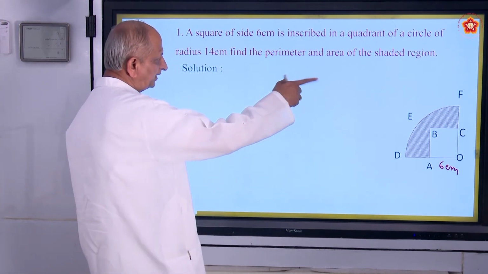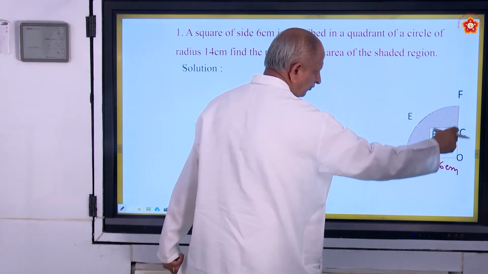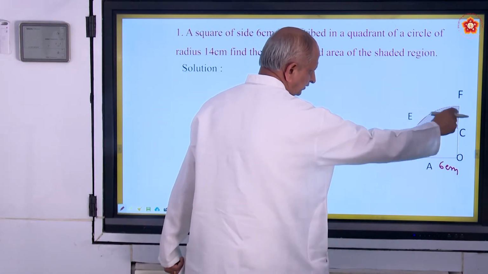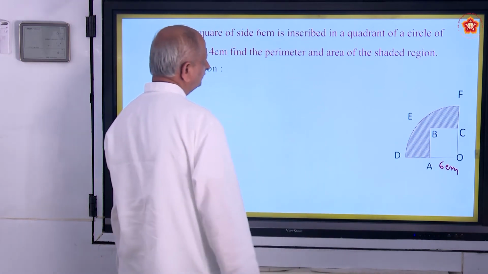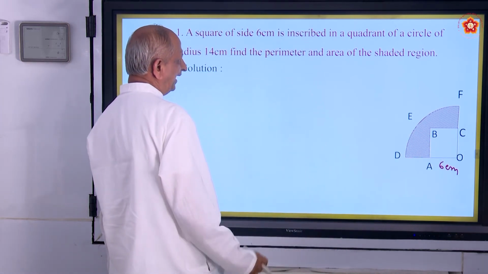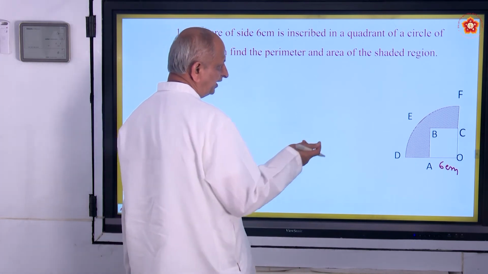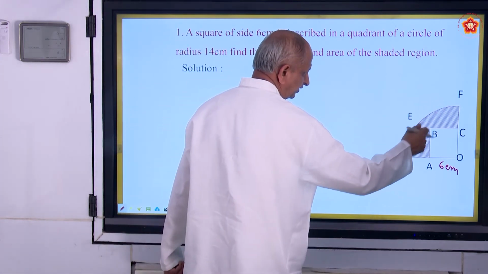This is a quadrant, O is the center. They are asking to find the perimeter and area of the shaded region. This is the shaded region.